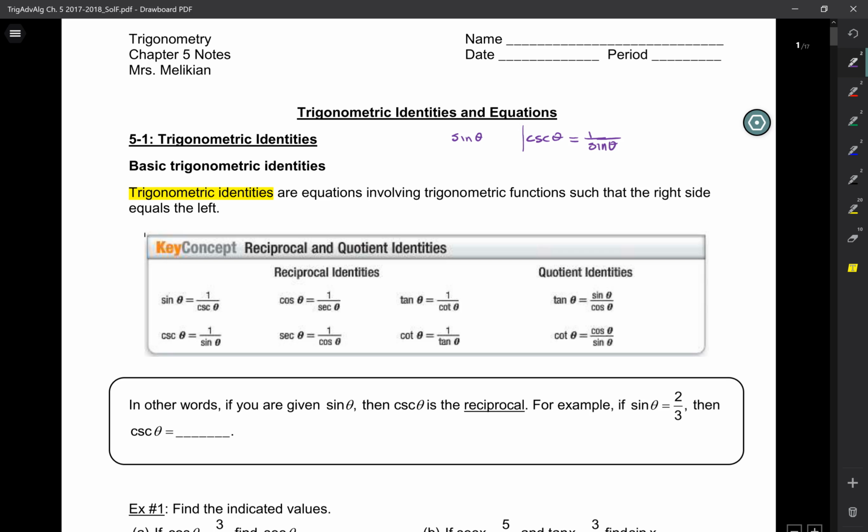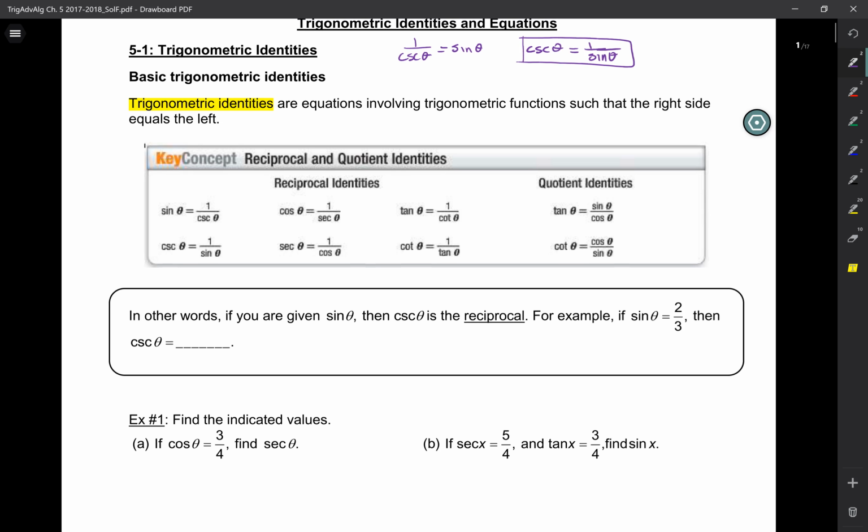So if cosecant is the reciprocal of the sine, if it's 1 over sine, then sine is 1 over cosecant. All right? So these are called reciprocal identities. And here we've just listed them again. So this is nothing new, really. It's all stuff that you've known. So look, sine of theta is 1 over cosecant. Cosecant is 1 over sine.